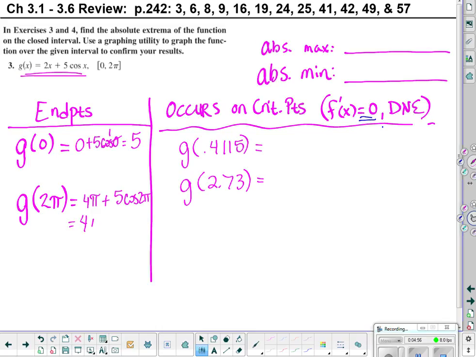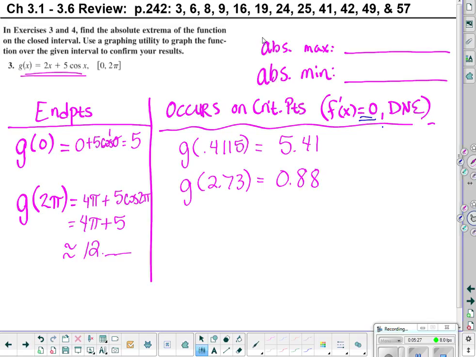That's going to be 4 pi plus 5, and roughly in my head I'm estimating this is 12.8 point something. It's a little larger than 12. With your calculator you can get that value. For my other values, when I do g of 0.41, I get 5.41, and g of 2.733, I get 0.88.